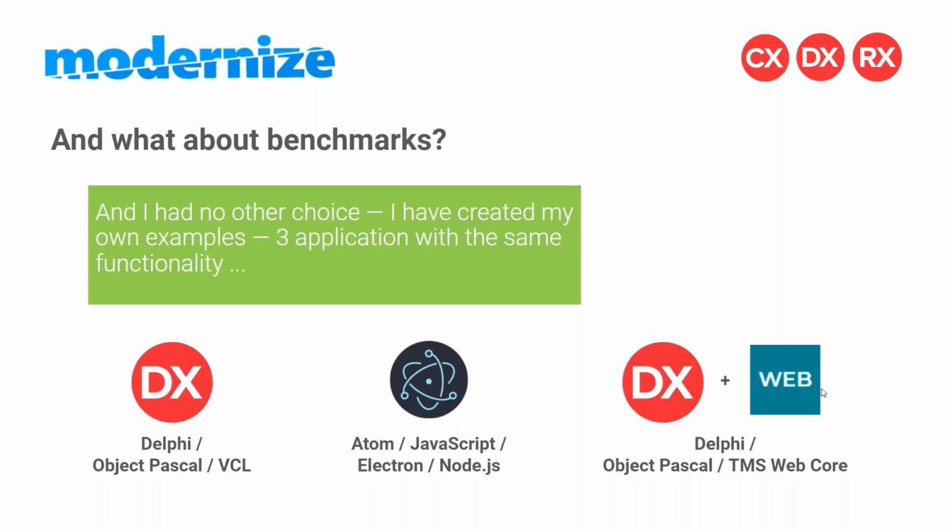The second one is the recommended environment for developing native Electron applications. I'm not talking about native applications for Windows, but about native tools for developing Electron applications. And the third example is a Delphi application with TMS Web Core.